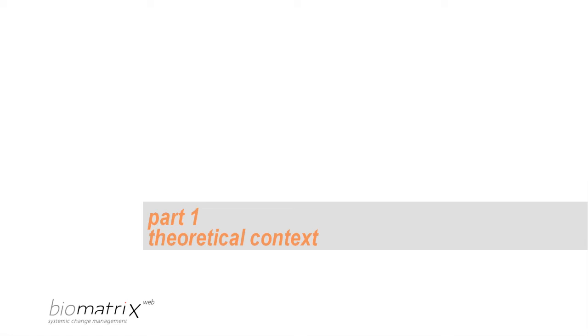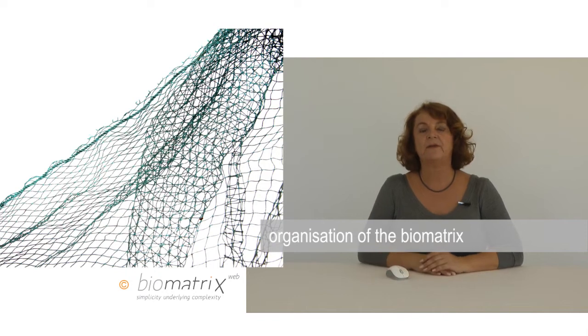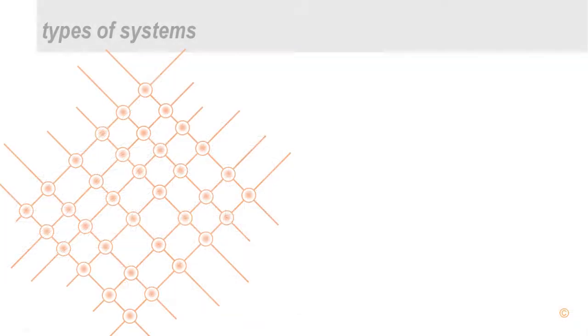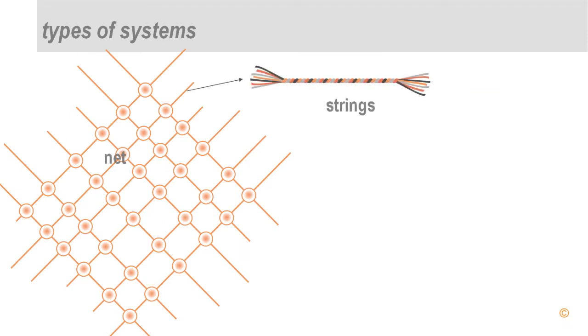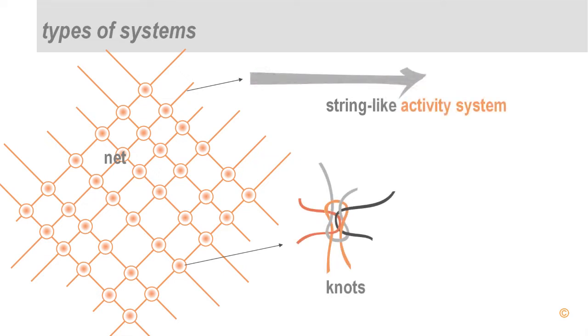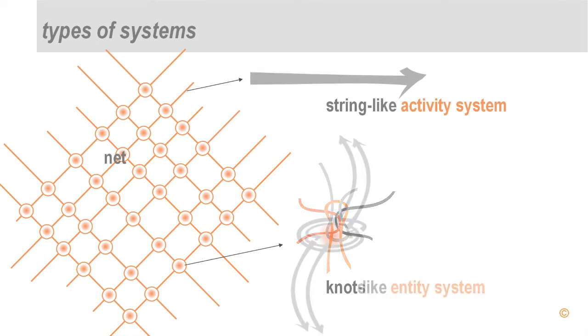Part 1, Theoretical Context. In Module 1, we have learned that the biomatrix is organized like a fisherman's net. A net consists of strings or threads and knots. Accordingly, we can distinguish string-like activity systems, knot-like entity systems, and net-like web systems.